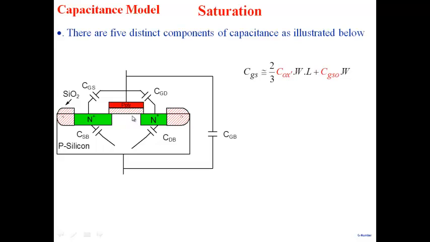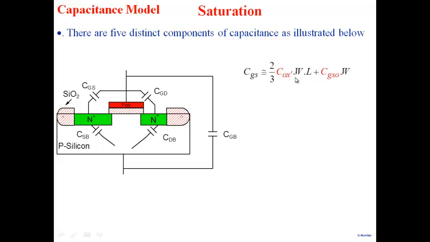Anytime you change charge with respect to voltage, you get a capacitance. So a change in gate voltage causes charge to exit from or enter from the source. That's the source of the first term, because the channel charge is the source of this capacitance.